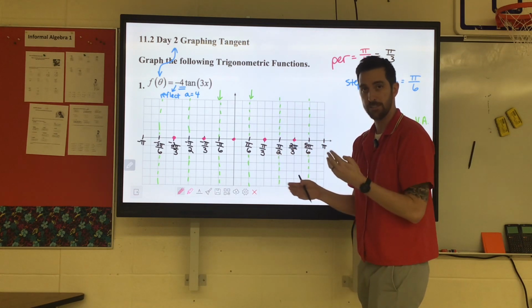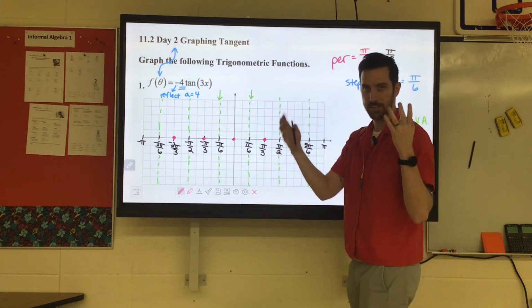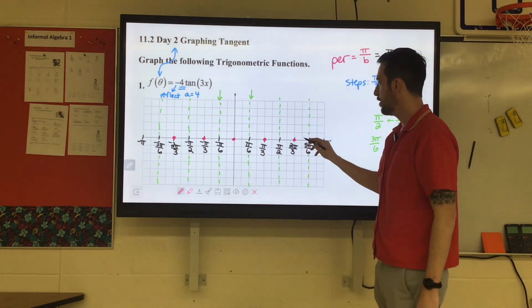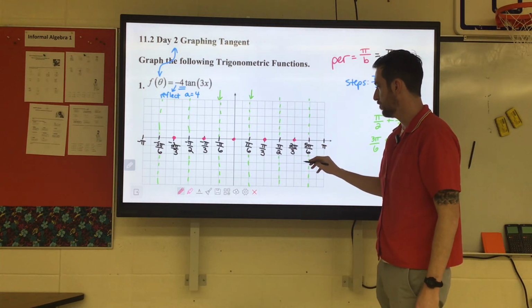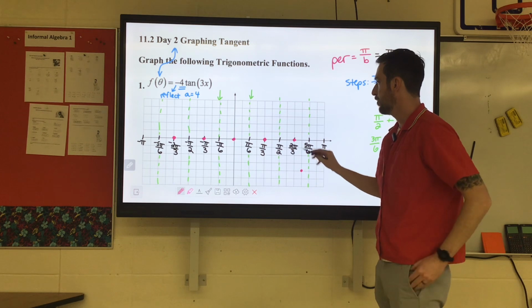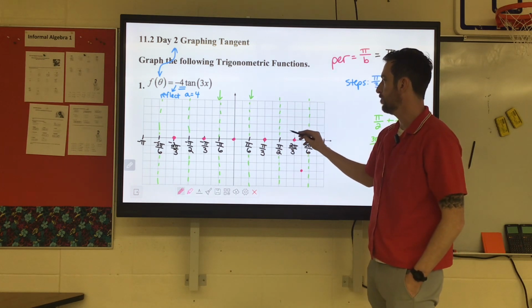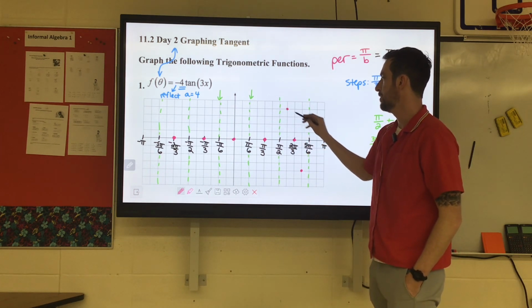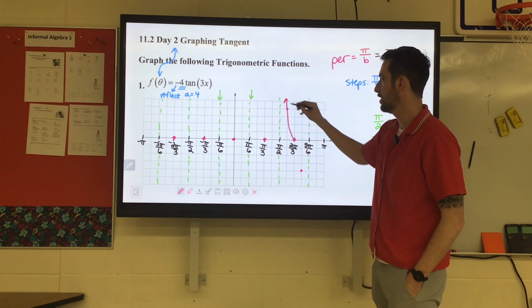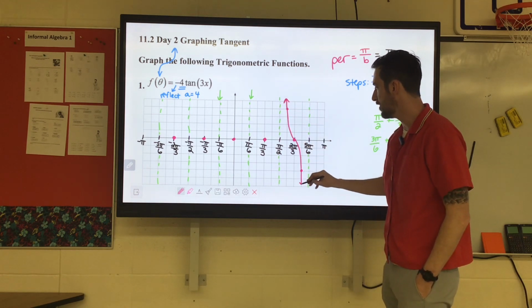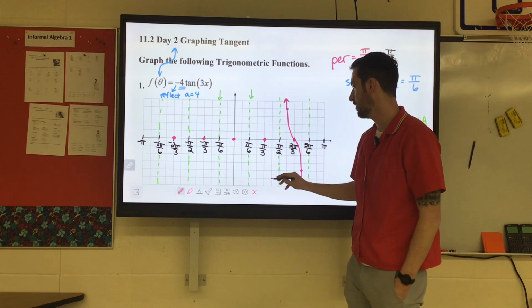So it's going to do the opposite, and the amplitude-ish thing is 4. So we're going to go right 1, down 4: 1, 2, 3, 4. And we're going to go left 1 and up 4: 1, 2, 3, 4. So this is how each little cycle, each oscillation, is going to look here.